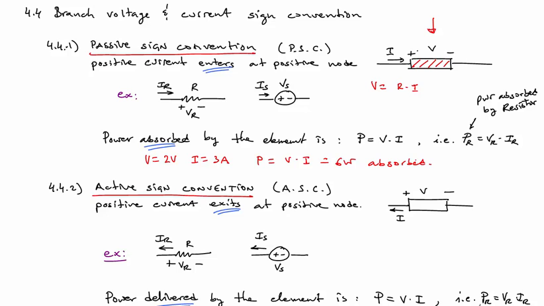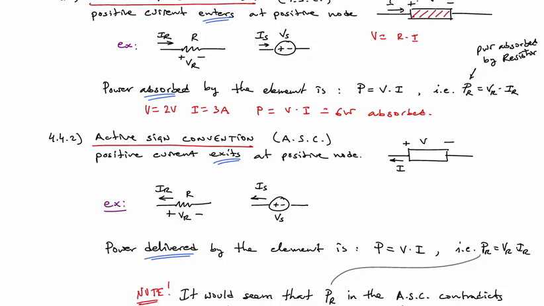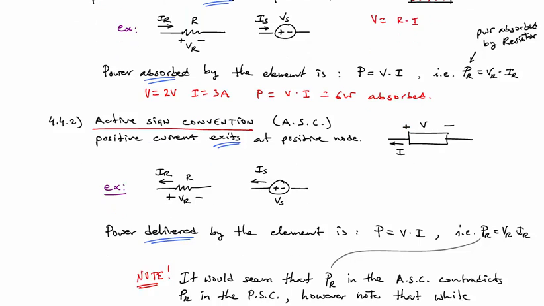Now, in contrast, active sign convention is one where the positive terminal current exits or leaves from the positive node, just like I've diagrammed it here. This is natural to draw for a circuit that might have a source in it.